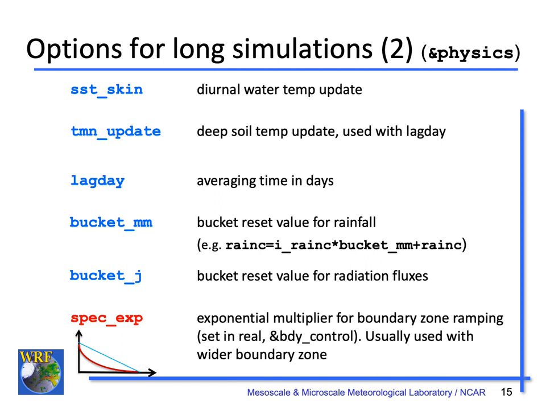Rather than reducing the forcing data linearly from the outermost row and column to the end of the boundary zone, this option offers a fast decaying function that reduces the impact of forcing data, as shown by the brown curve in the small sketch on the slide. This is shown to work well with a wider boundary zone and with coarser resolution forcing data.